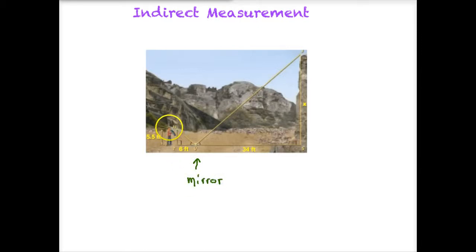So what's happening is that this person is looking into the mirror and creating this angle, and then from the mirror is looking up at the top of this wall, and that creates the same angle.